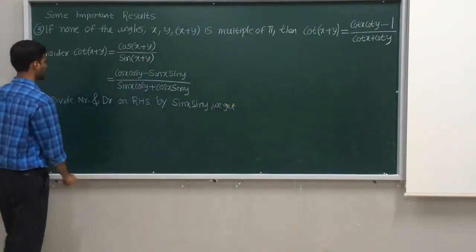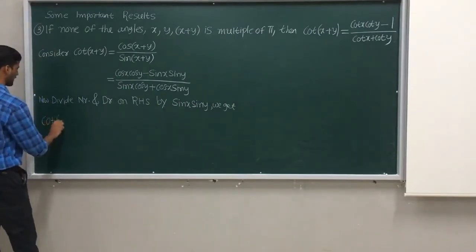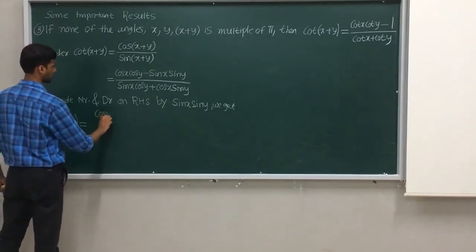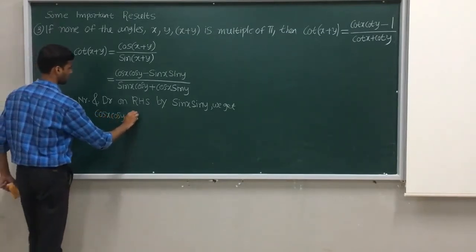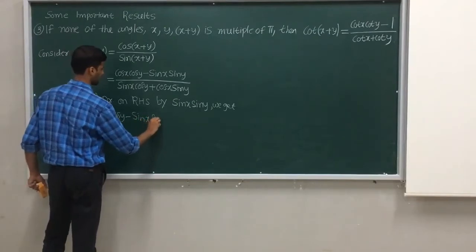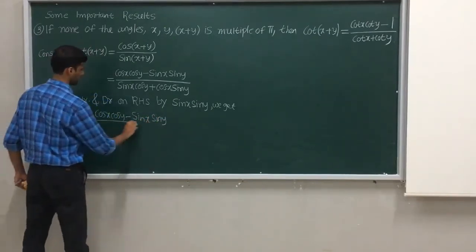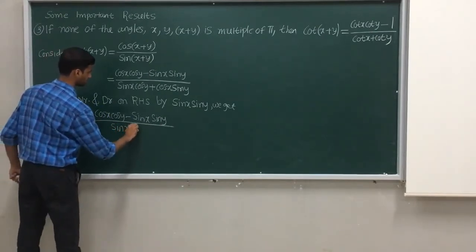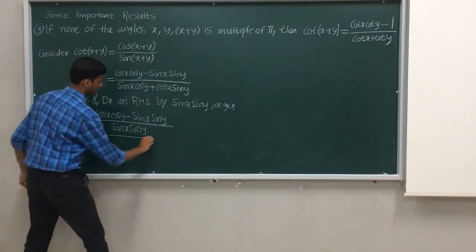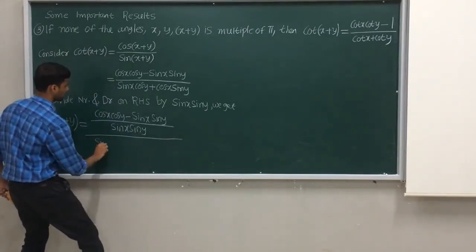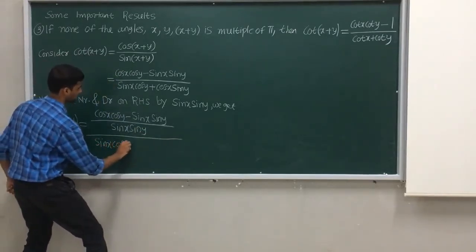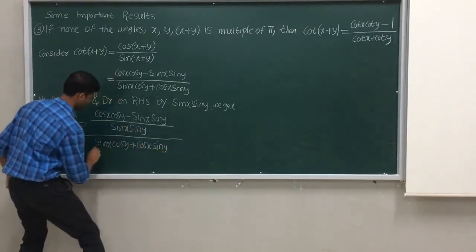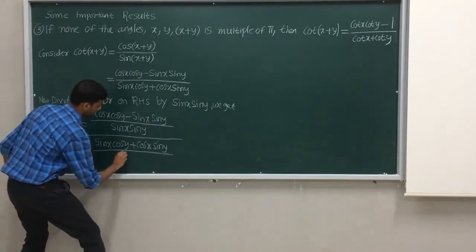Cot of x plus y is equal to cos x cos y minus sin x sin y, divided by sin x sin y, whole divided by sin x cos y plus cos x sin y, divided by sin x sin y.